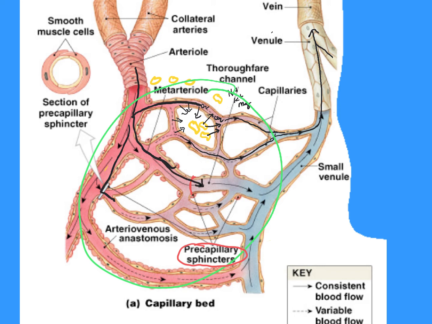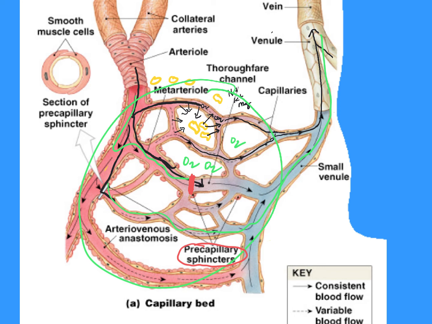So you don't have blood just freely all the time passing through, I'll use green, passing through and then returning. That blood flow is totally regulated by the pre-capillary sphincters based on what the needs of the surrounding tissue are. So for instance, if this tissue out here has plenty of oxygen in it, what may happen is the pre-capillary sphincters might contract and close, only temporarily, of course, because this area has got enough oxygen.